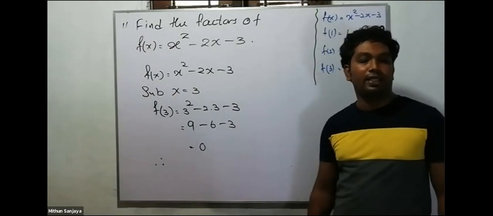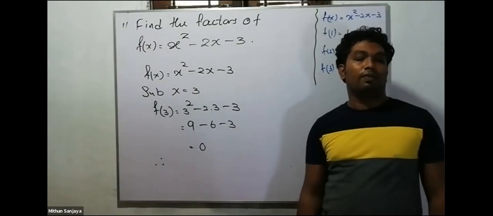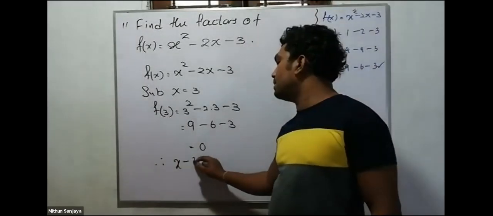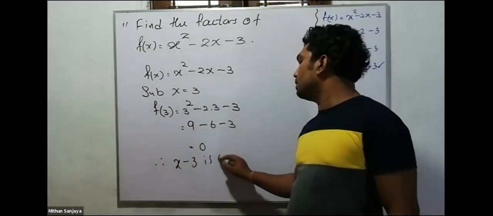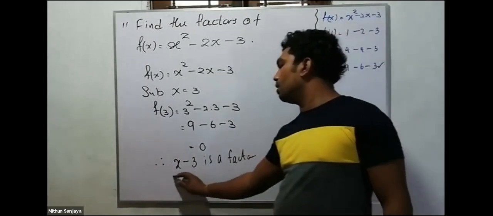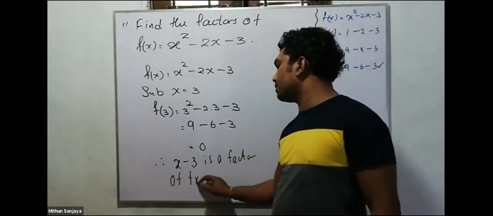Then what is the factor? The factor is x minus 3, which is a factor of f(x).